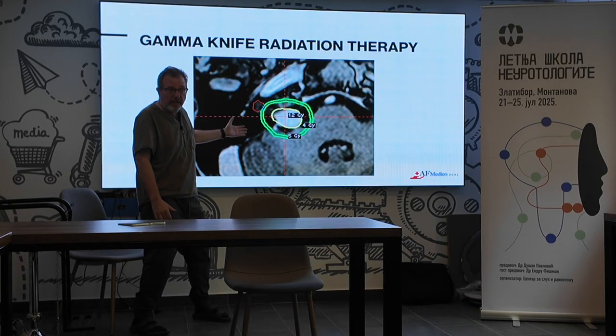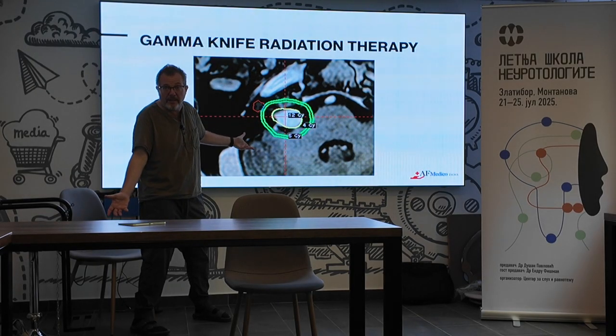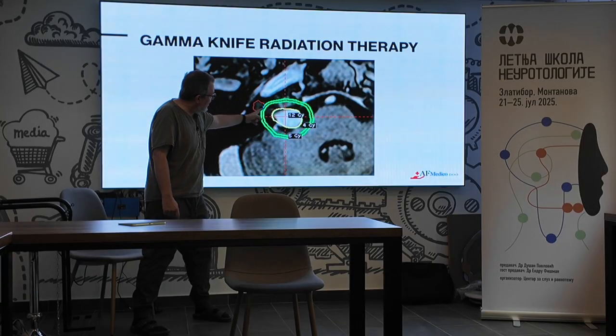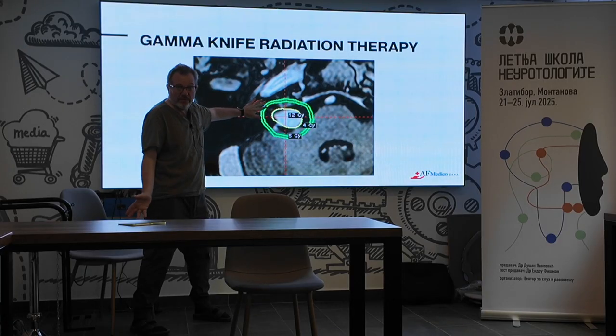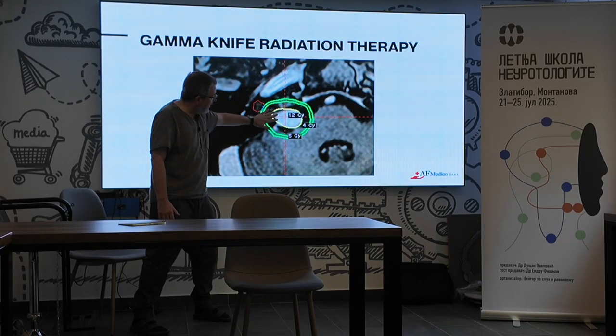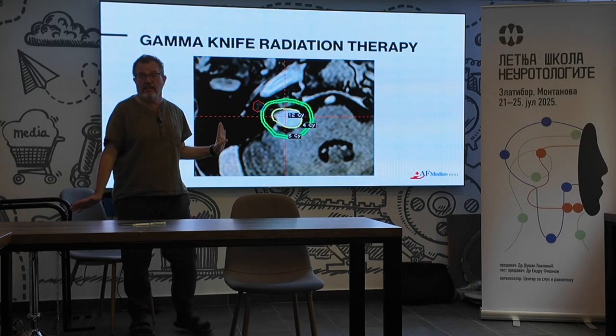This is a reasonable patient to treat with Gamma Knife, and this was my patient, and I treated him with Gamma Knife because I can get a safe dose to the cochlea, and he's elderly, and I only need it to work for a certain period of time. This is a very low dose, and that's okay in this situation.